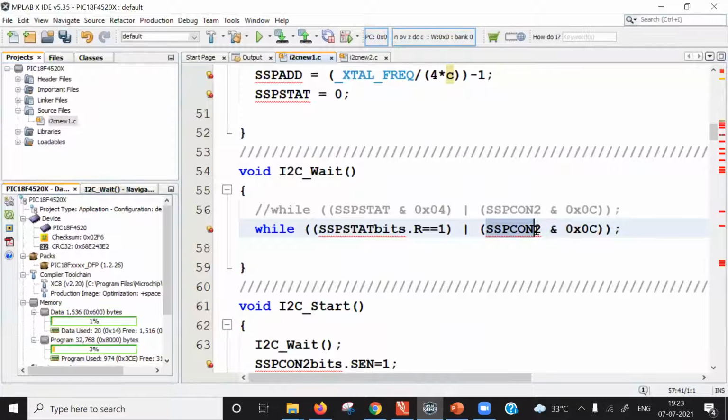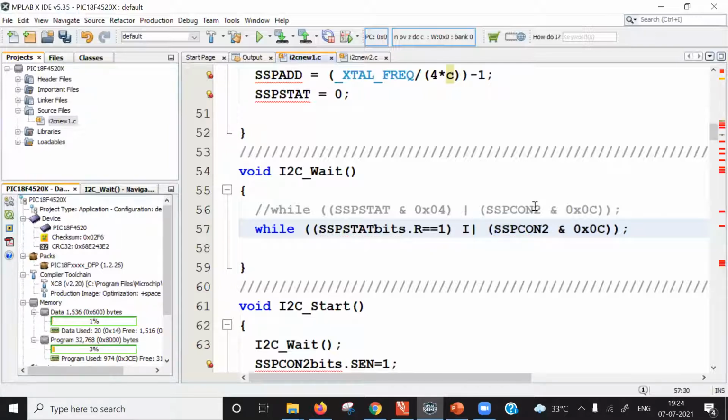I have done a logical AND here with 0x0C, and when both bits are 1, the overall result of this logical AND operation will be 1. And then it is ORed with the first condition. So whether transmission is in progress or reception is in progress, we must wait. Whether you put a single bar or double bar here, it will work.